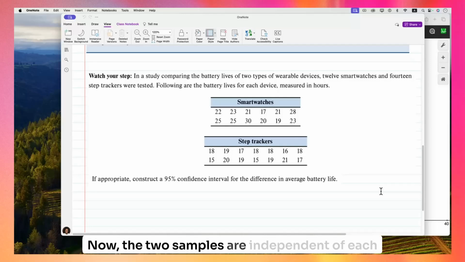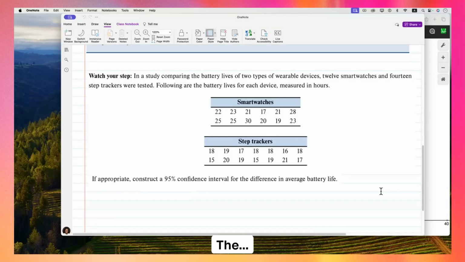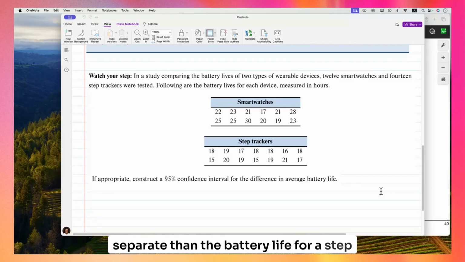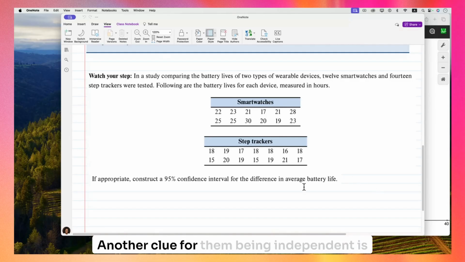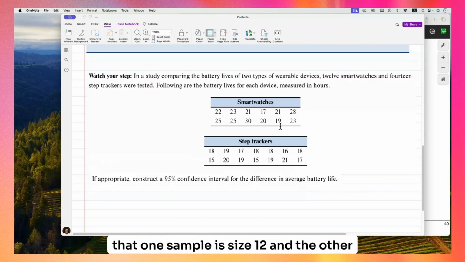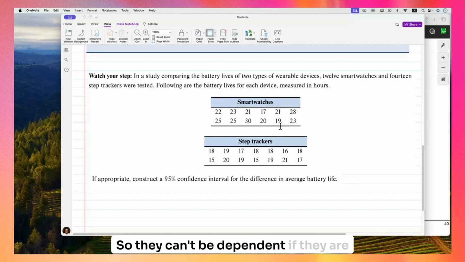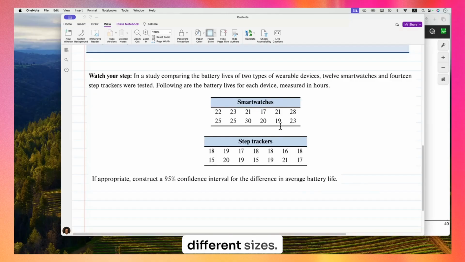Now, the two samples are independent of each other. The battery life for a smartwatch is completely separate from the battery life for a step tracker. So these are independent samples. Another clue for them being independent is that one sample is size 12 and the other sample is size 14. They can be independent if they are different sizes.